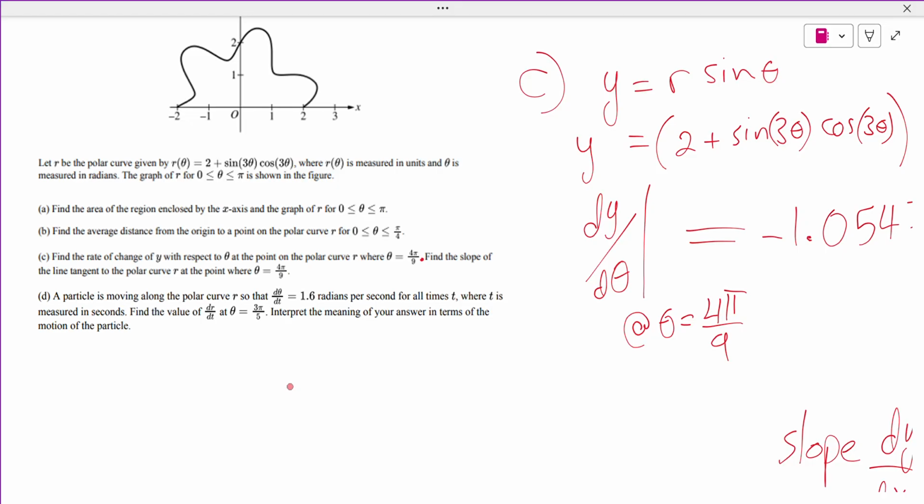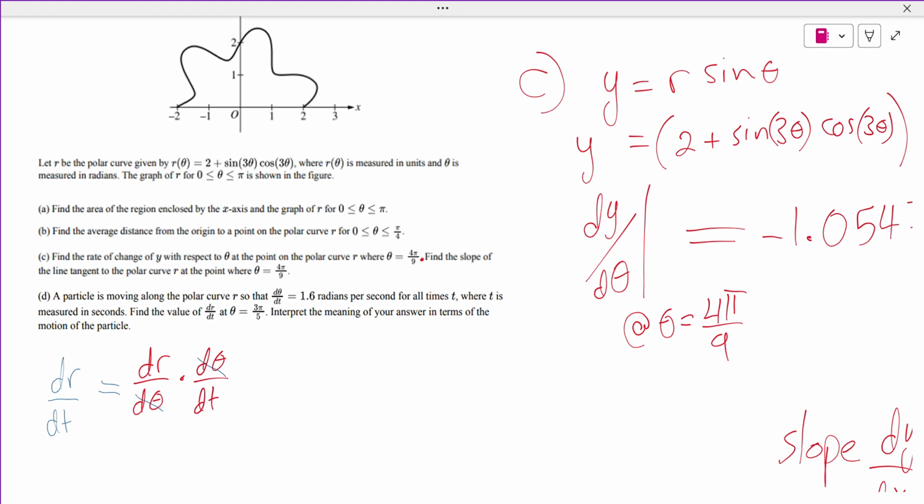What if we have dr over d theta and we multiply it by d theta over dt? If we multiply them, d theta and d theta will be cancelled. That leaves us with dr over dt. So this is what the question is asking for, dr over dt.